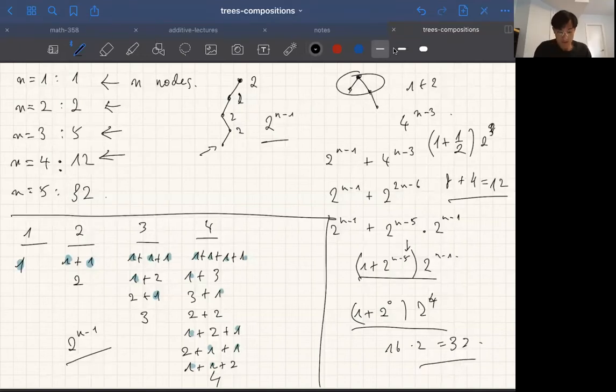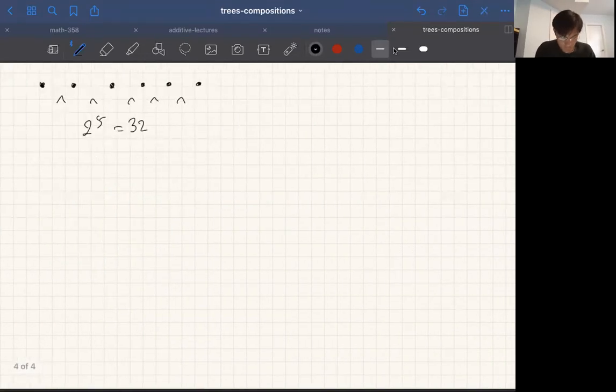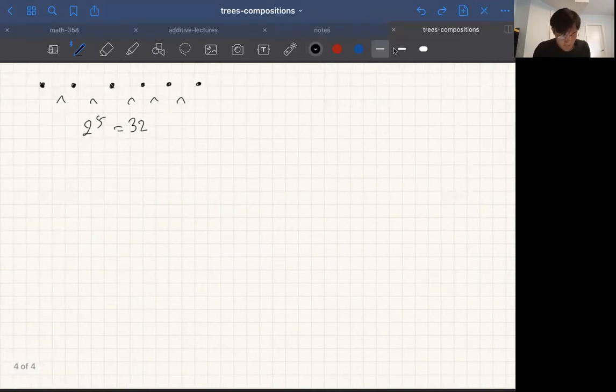So let's write out the compositions of n equals 5 and see if it's 32. Okay, so we have 1. There's going to be a lot of compositions. There's going to be 16 compositions, and we're hopefully going to find 32 ones. So 1 plus 1 plus 1 plus 1 plus 1.